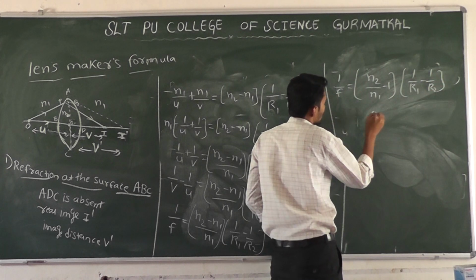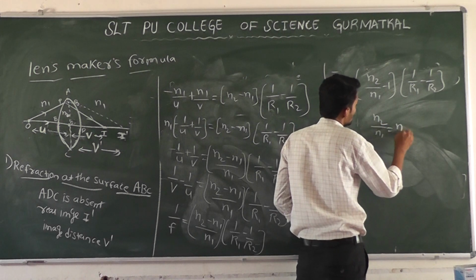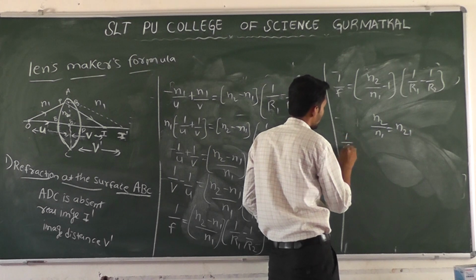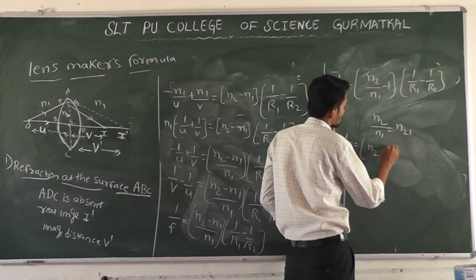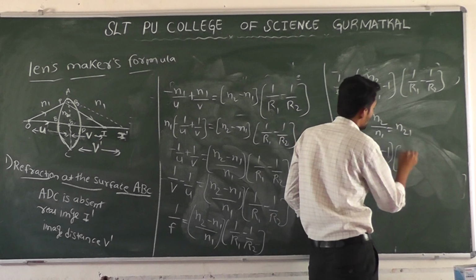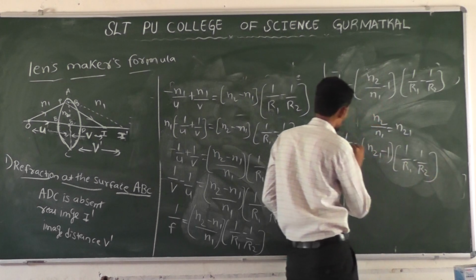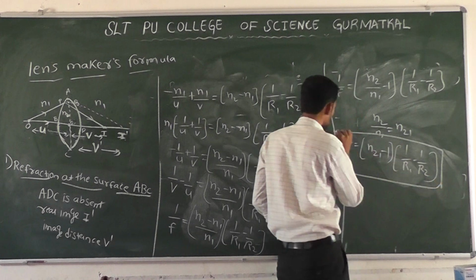In another form, n2 by n1 we can write as n21. So we are writing the same form: 1 by f is equal to n21 minus 1, times 1 by R1 minus 1 by R2. So this is the final equation of this derivation.